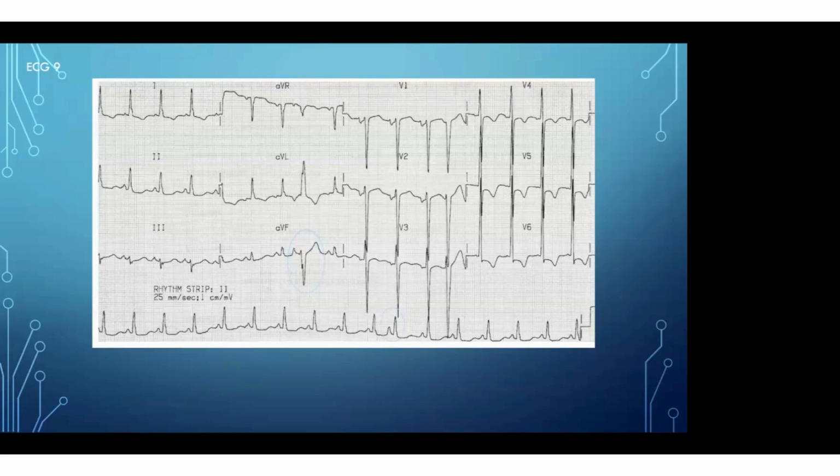Like that, you can read the tachycardia ECG. Can anyone report the ECG and finally tell the diagnosis also? Actually, some of these things are already highlighted in this ECG. What's the problem? You can see the rhythm strip, lead 2.